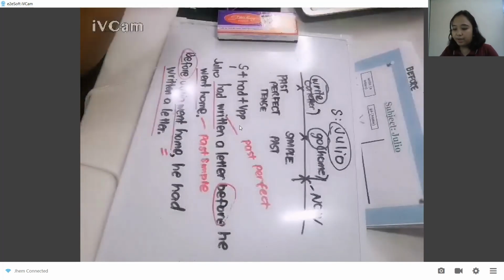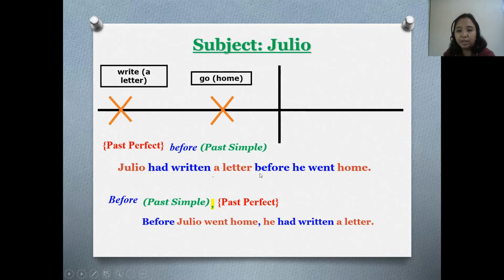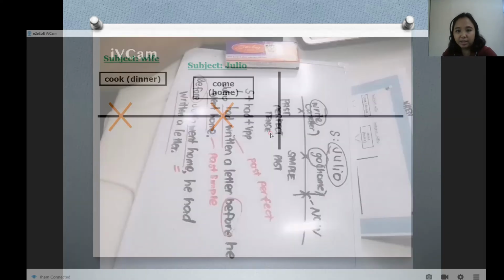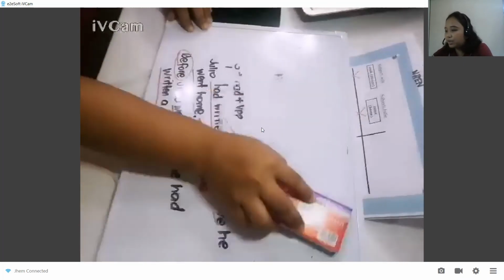Okay, let's have another example. So Julio had written a letter before he went home, or you can say before Julio went home, he had written a letter. Let's have another example. This time, we have two subjects. The first subject is the wife, and the verb is cook, while the second subject is Julio, and the verb is come. Now remember, the first action is the one in the past perfect tense. Okay, let's try to illustrate that.